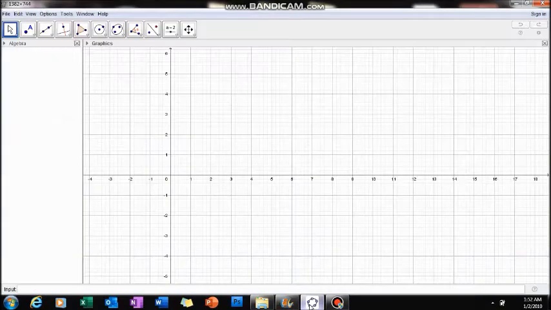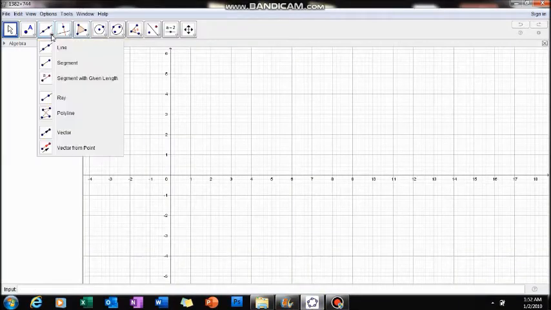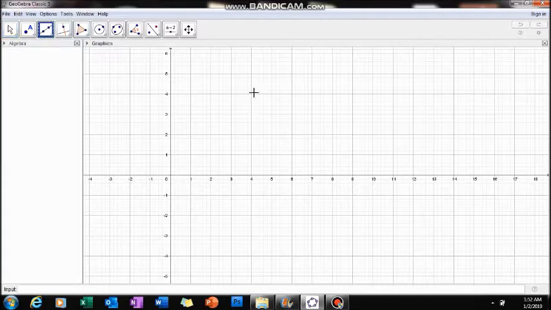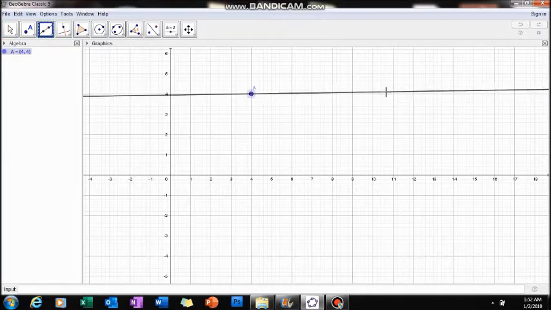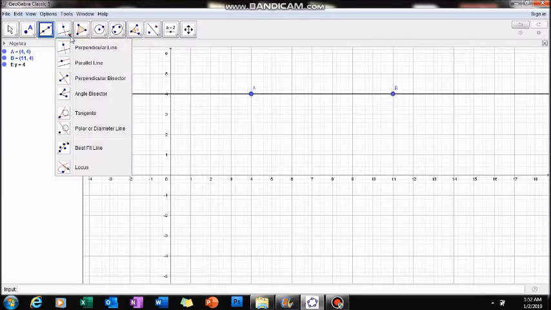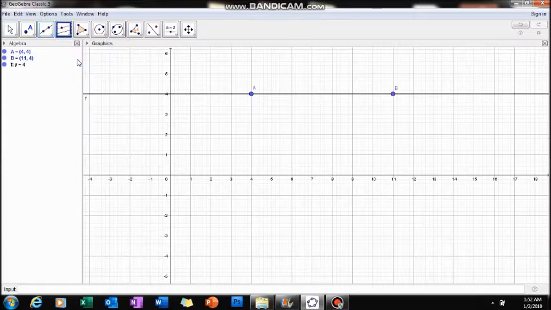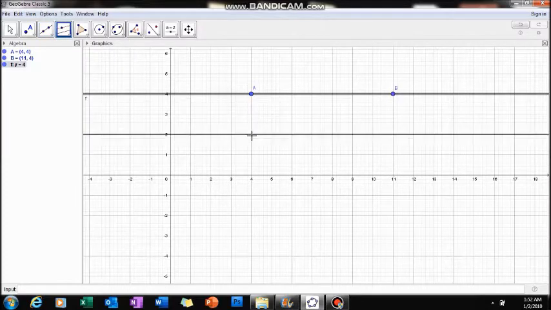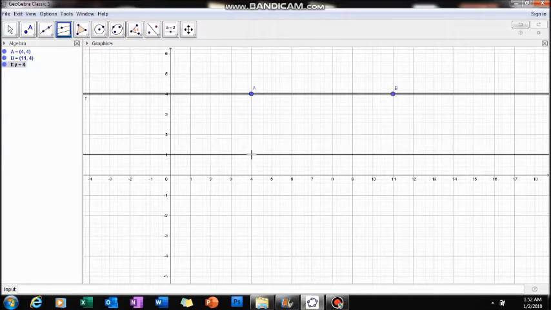First, we should make a line from 2 points. Then we make the parallel line like that.